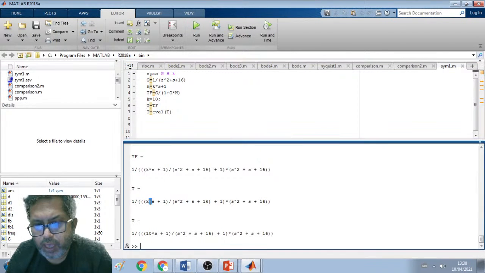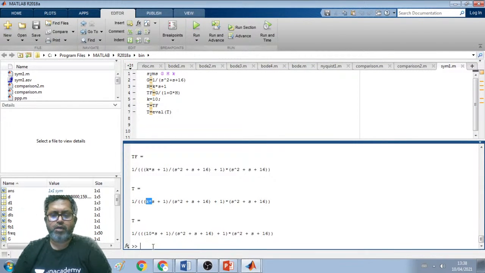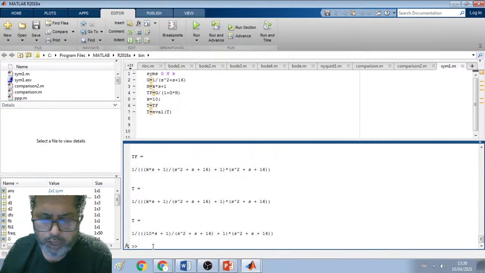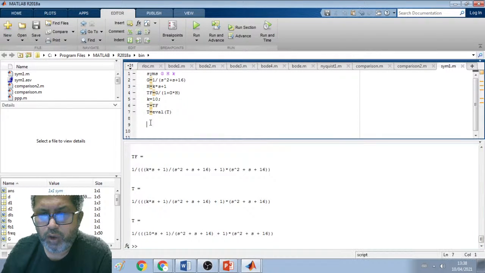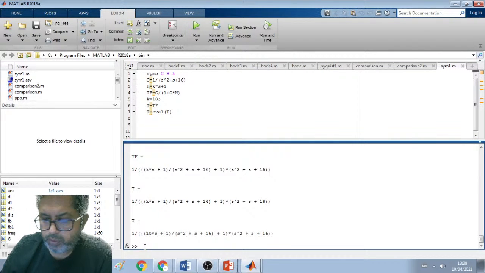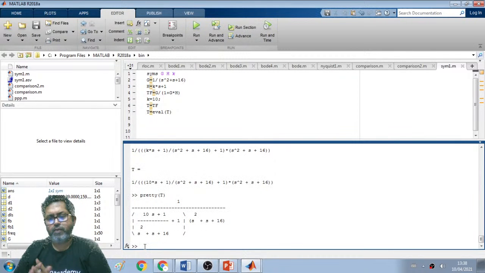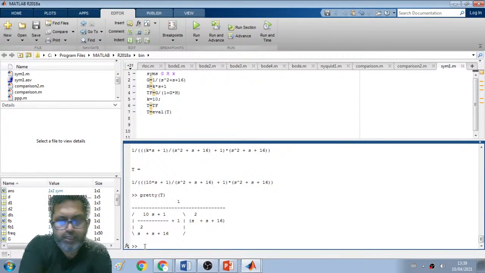In place of k here, eval t means 10 is written. That is the only difference. Then we will write pretty t. So this is the function.